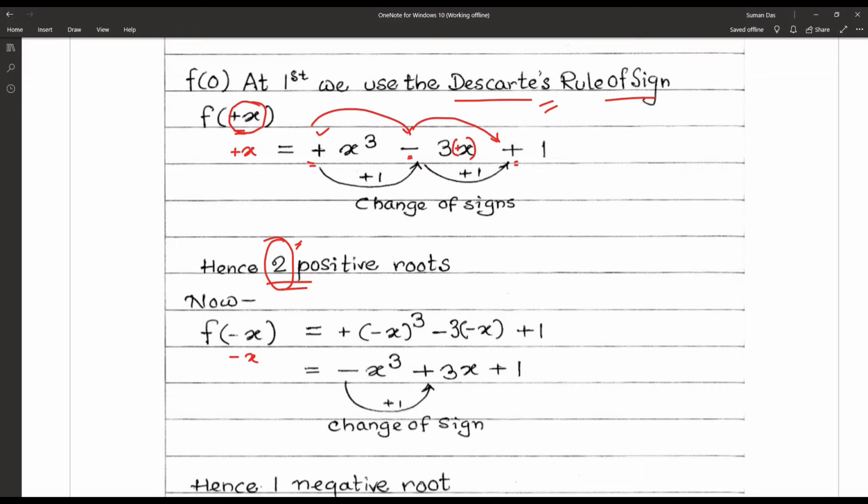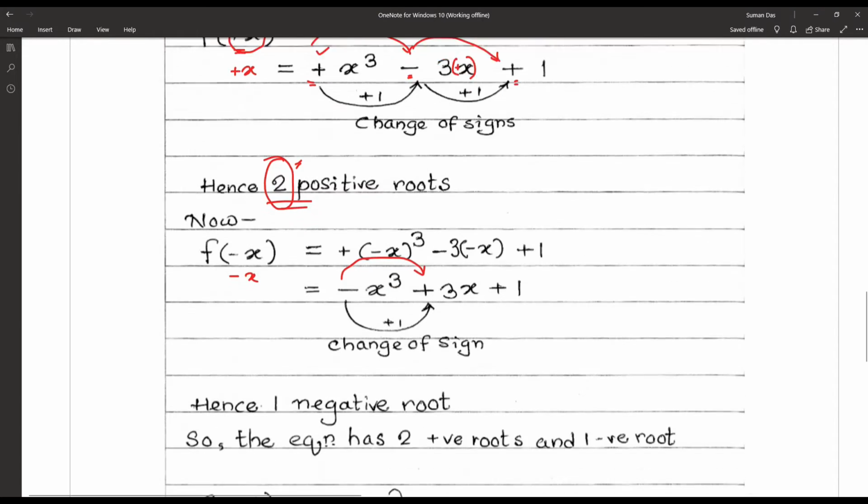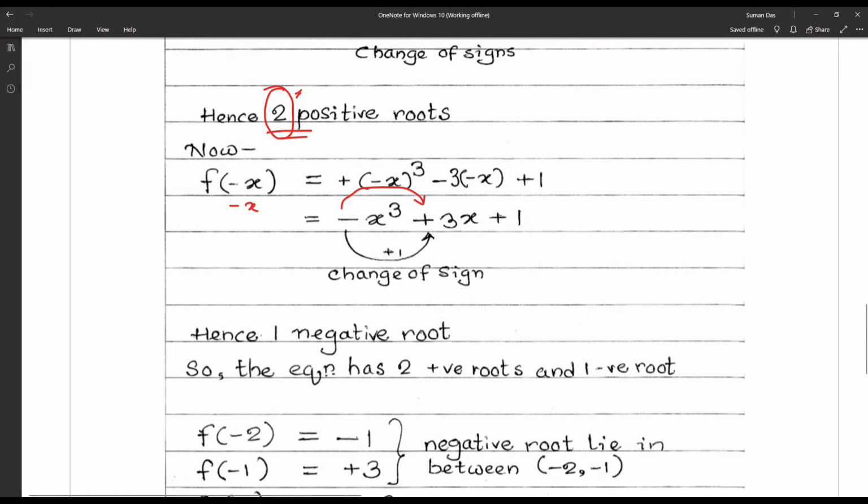Now plus x cube, so plus of minus x whole cube minus 3 into minus x plus 1. So that becomes minus x cube plus 3x plus 1. So only one change of sign, from minus to plus. So we have one negative root, as that is for minus.